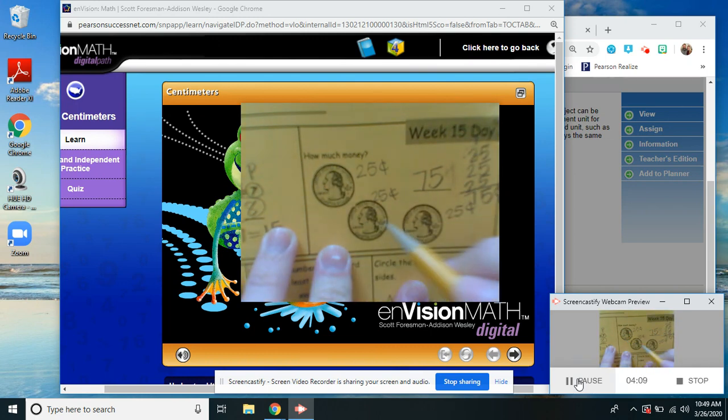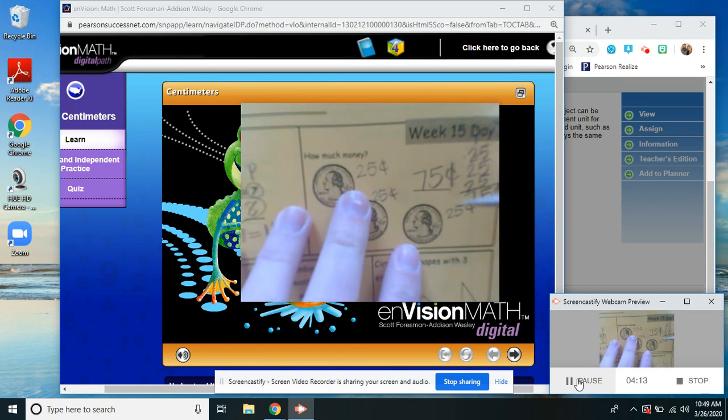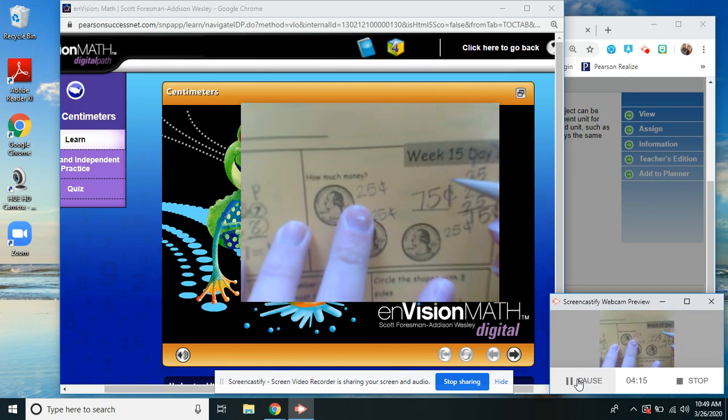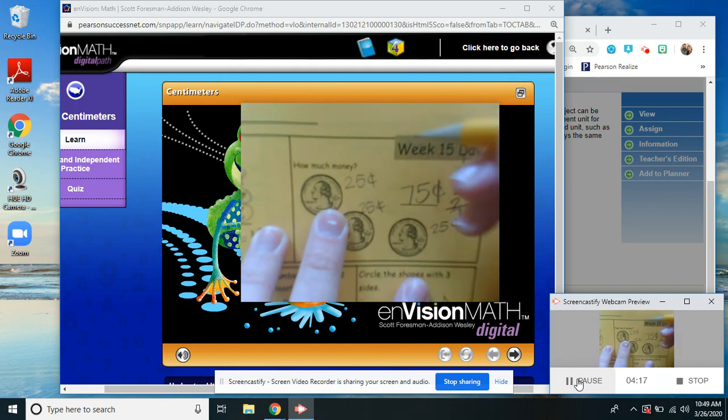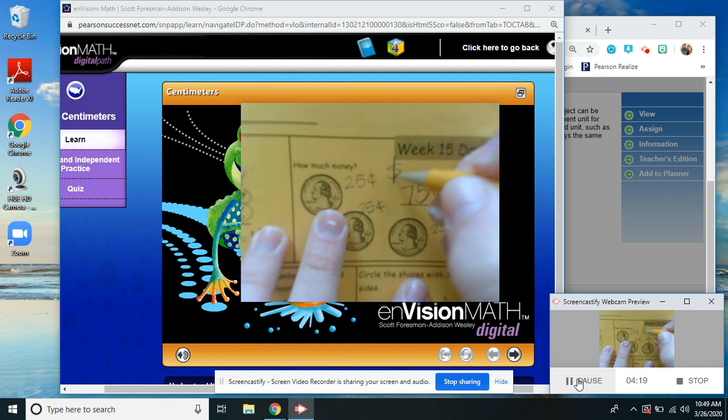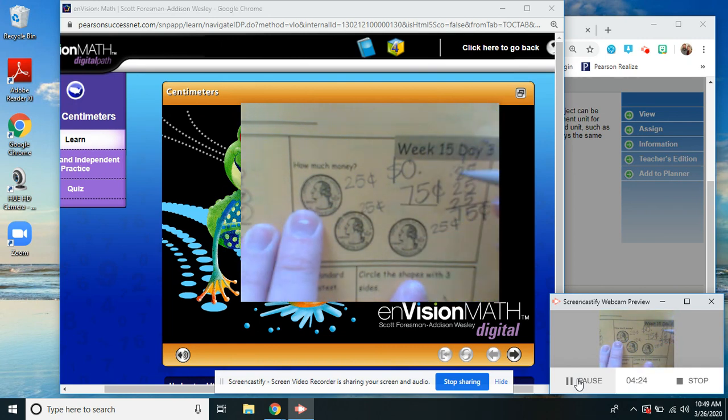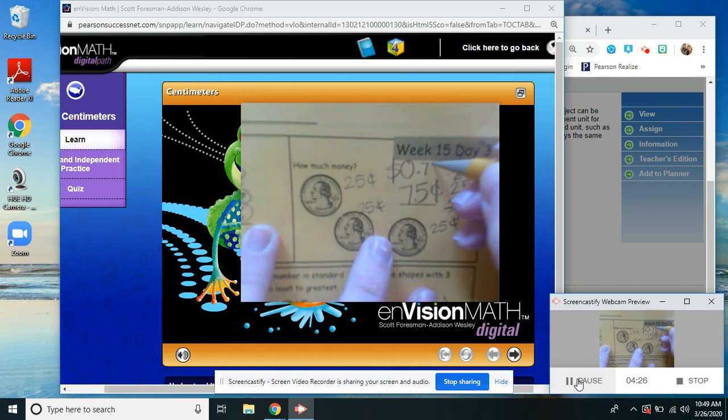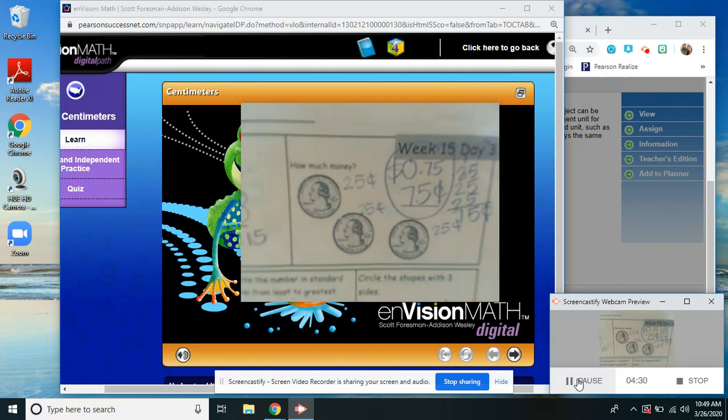In this case, we are talking about cents. You could also write it with the dollar sign. 0, as we have no dollars here, but we have 75 cents. So either of these are the correct answer.